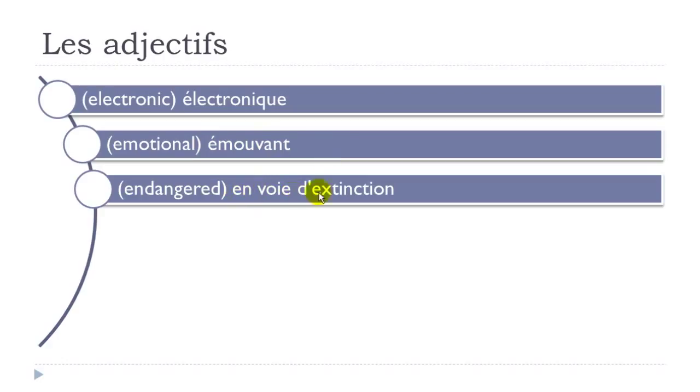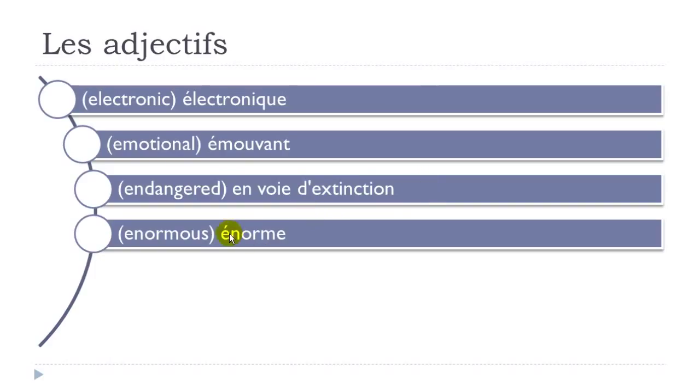En voie d'extinction. En voie, final not pronounced, d'extinction. Okay, remember, T-I-O-N, sion. Extinction. Extinction. En voie d'extinction. Énorme.